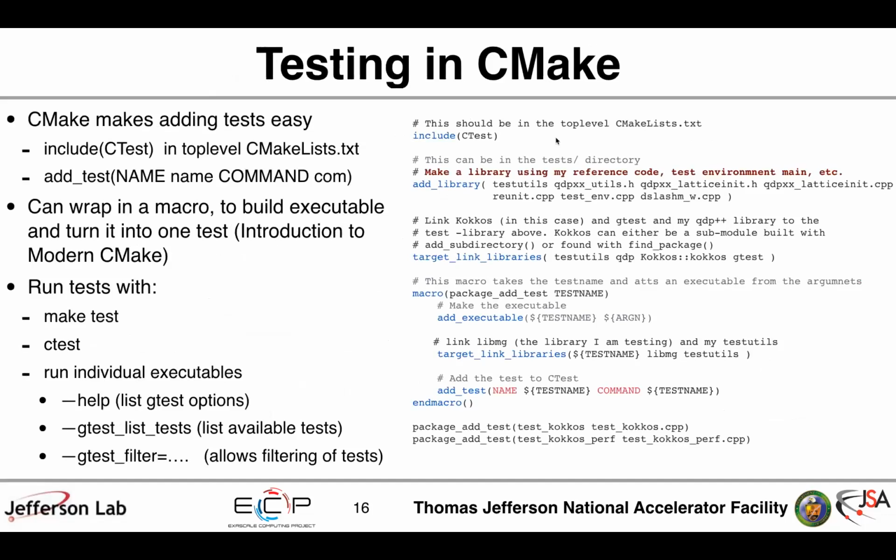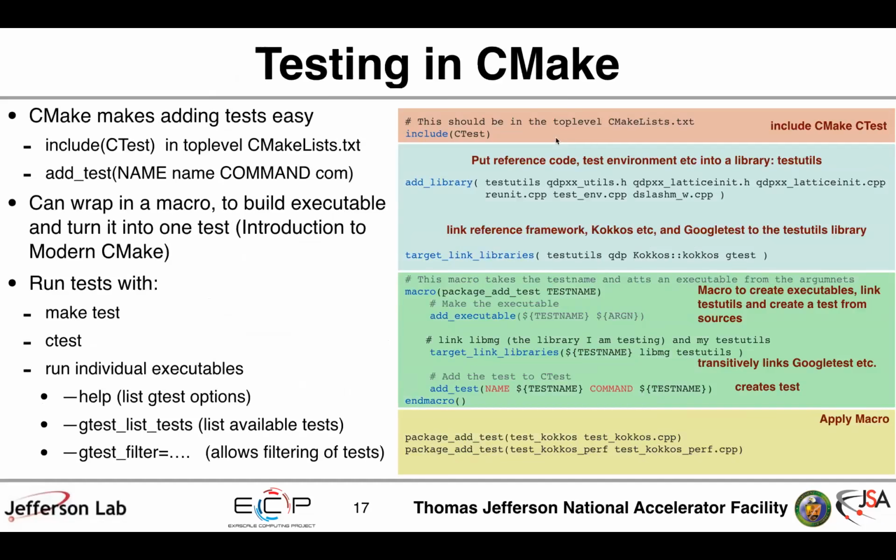Now, testing is easy to do in CMake, quite irrespective of Google Tests actually. Basically, if you include ctest, then I would advise that any reference code or test environment, you can add into a library. I usually call this library test utils.